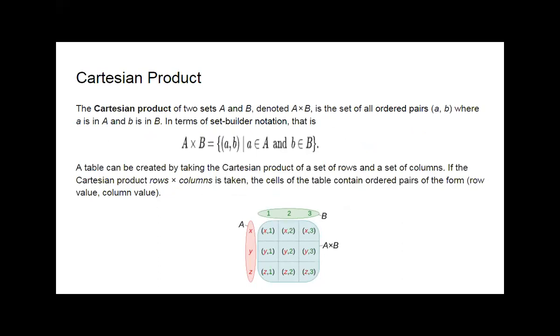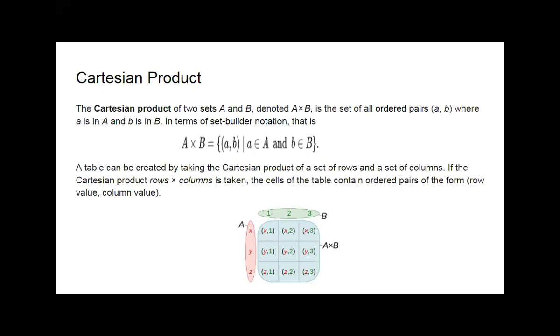Okay, Cartesian product. In that we require the ordered pairs. So firstly we studied the ordered pairs, and now we are going to see the most important concept of Cartesian product. Okay, so we will see the Cartesian product concepts.